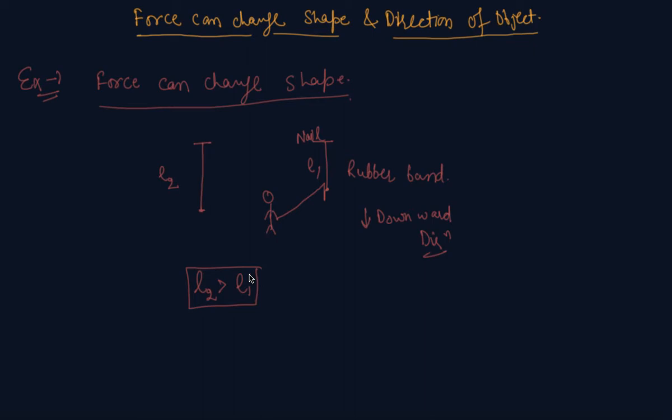Here I gave you an example in which the shape of an object changes after applying a force. I hope you are pretty clear that when we apply a force, the shape of the object might change. Now let me give you another example.